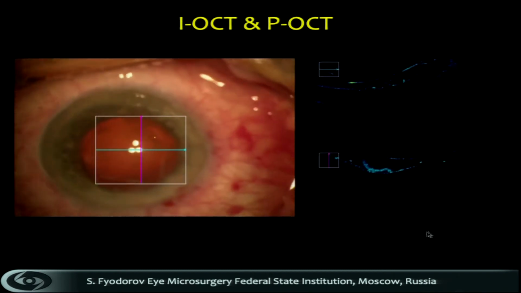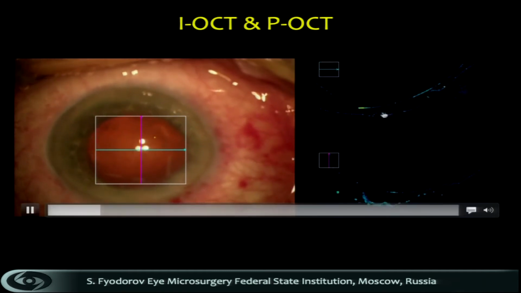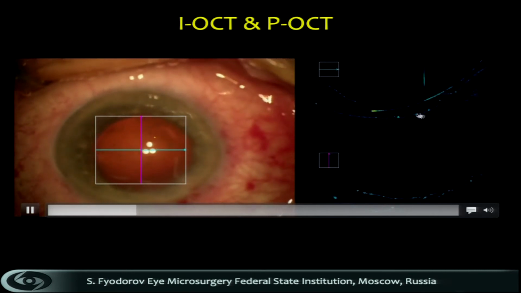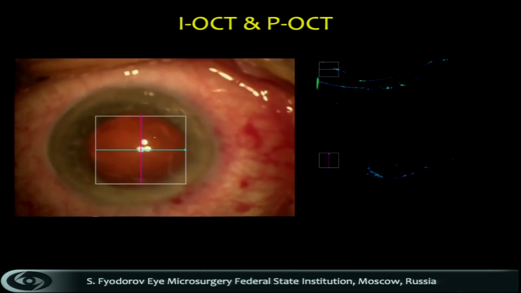So this is another representation of these particles. You see these dots that are located behind the posterior capsule and in the anterior portions of the vitreous.